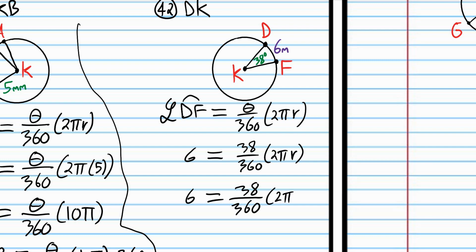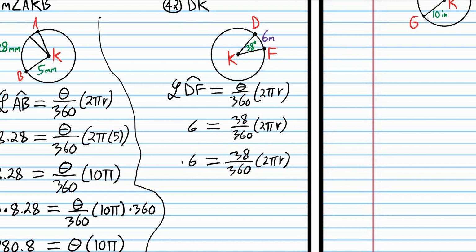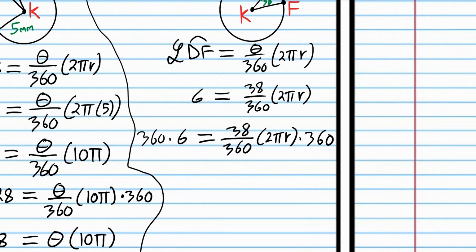Getting rid of the fraction is probably the most important thing to do. So times 360, times 360. The 360s cancel out on the right side of the equation, so you're left with 38 times 2 pi r equals 360 times 6.